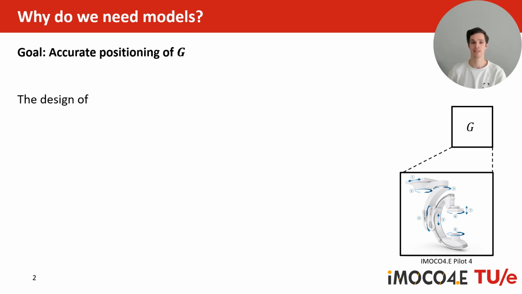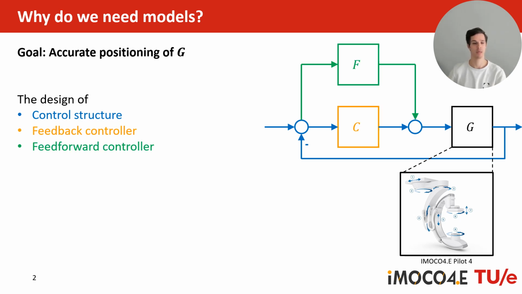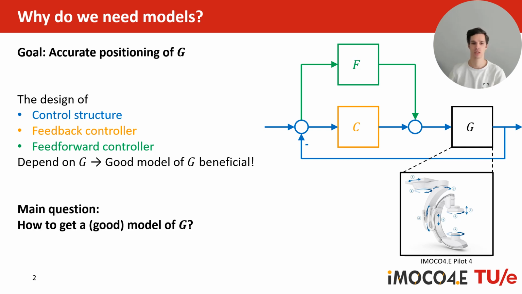The design of, for instance, the control structure, but also the feedback controller, and maybe even the feed-forward controller, they all completely depend on G. So a good model of the system G might be very beneficial for designing these three aspects of our controller. Then, of course, the main question results: how do we get such a model, a good model of G?